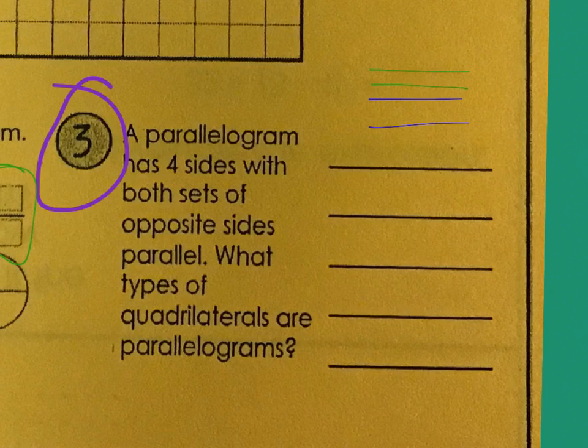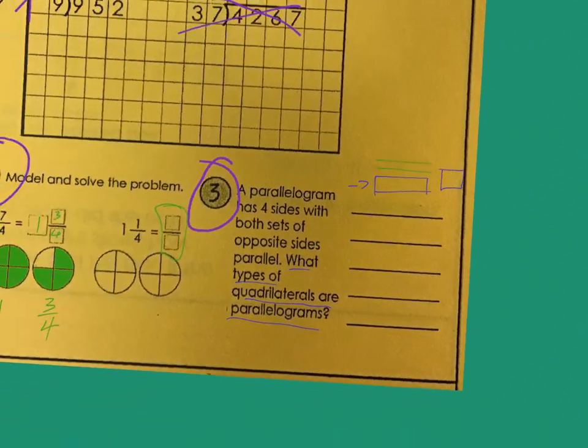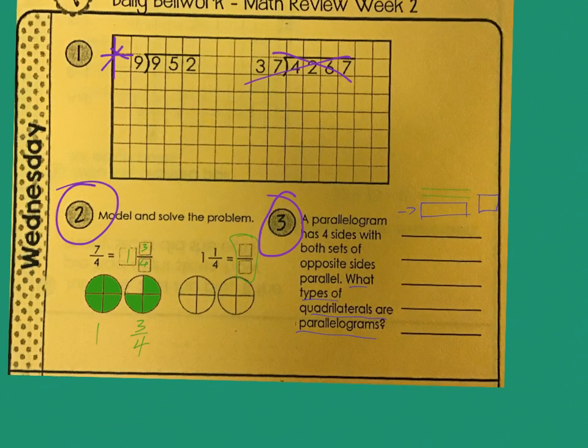So if I have 2 of those, well, what type of quadrilateral is that? So what types of quadrilaterals are parallelograms? So we have this shape, it has a name. We also have that, it has a name. And then we have some other ones that you may be able to list. So I'd like you to see what you can come up with. I'm going to be coming around today, and I'll probably be asking you specifically to see number 3.